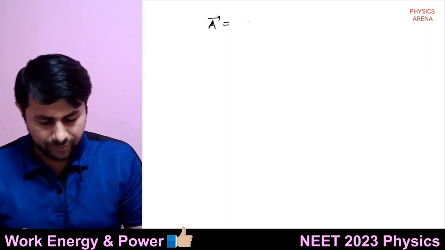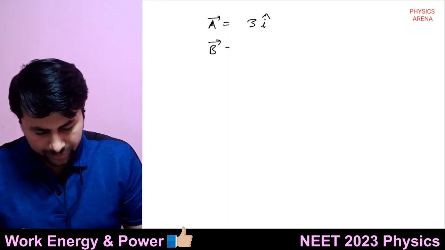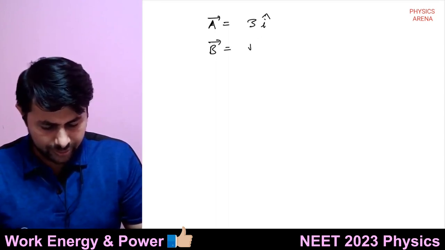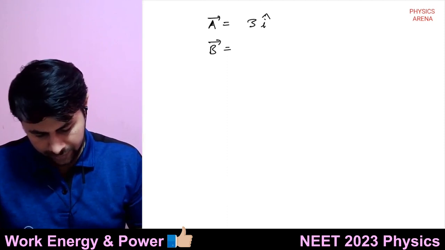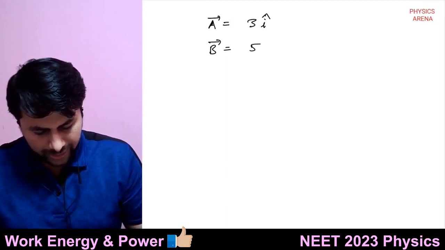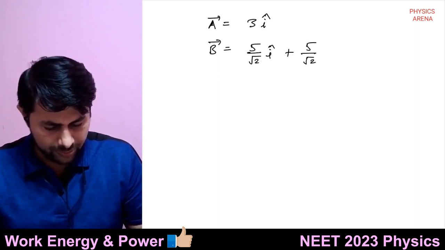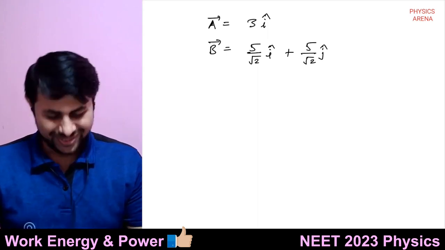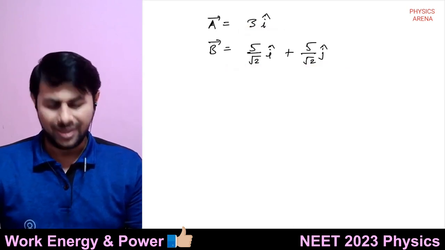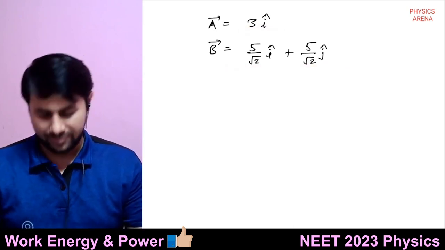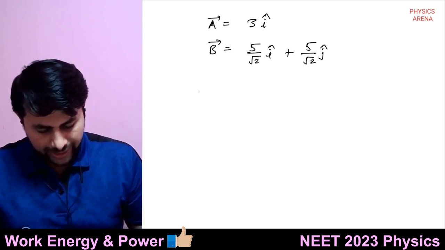So let's suppose a bar is equal to 3i cap, and b bar is equal to 5 by root 2 i cap plus 5 by root 2 j cap. Right. So a bar is this and b bar is this. I want to find out the angle between a bar and b bar. So this is simple. What will be the angle?